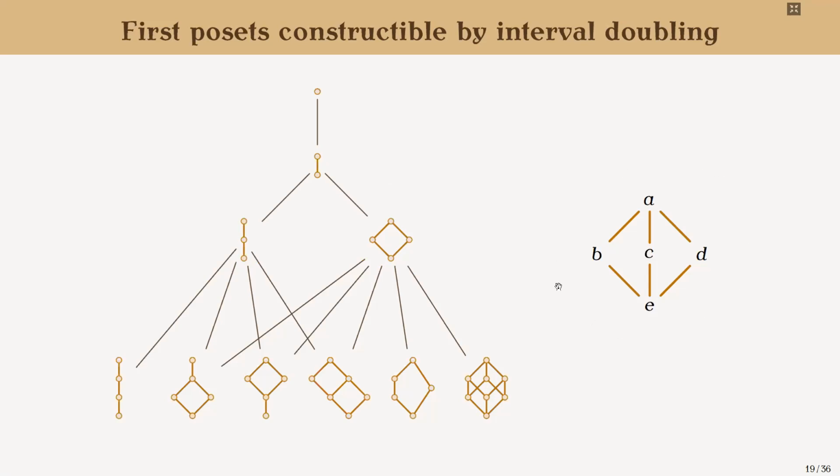On the right, I give a counterexample of a lattice which is not constructible by interval doubling. Why?